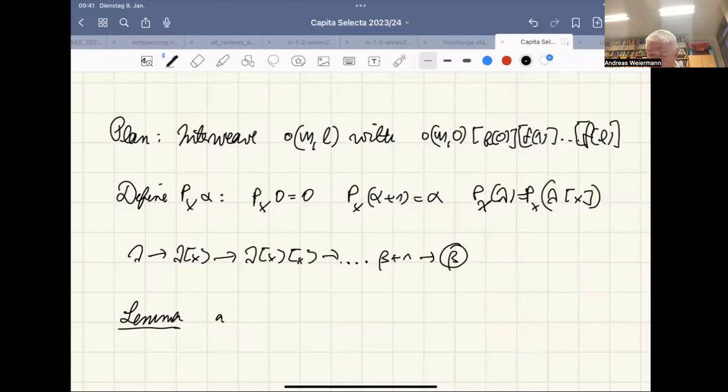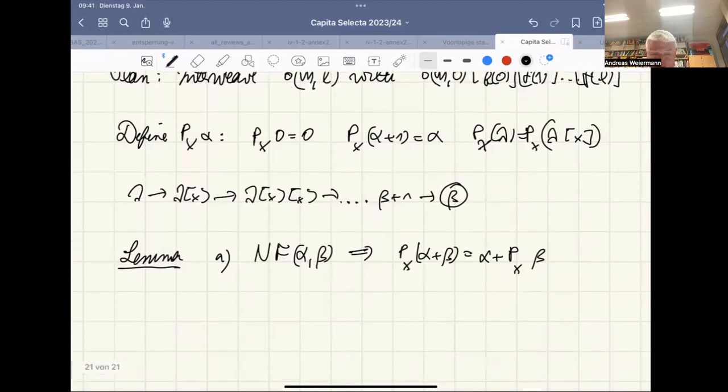is the following. A: If alpha and beta are in normal form for addition, then the predecessor of alpha plus beta is alpha plus the predecessor of beta. And B: this happens for beta different from 0.